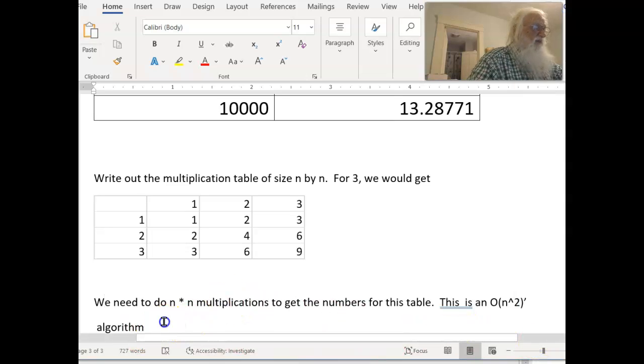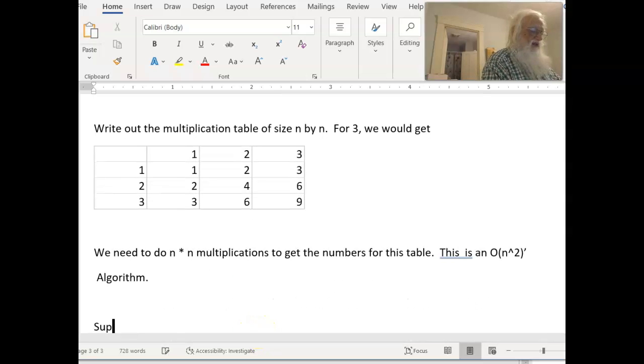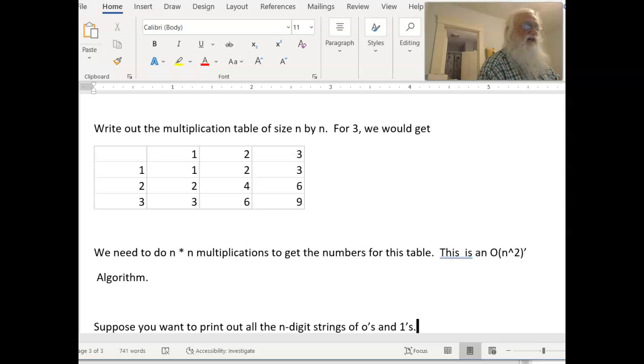Let's try a very simple problem. Suppose you want to print out all the n-digit strings of zeros and ones. Computers speak in terms of zeros and ones.